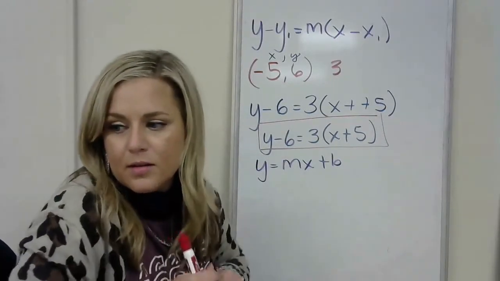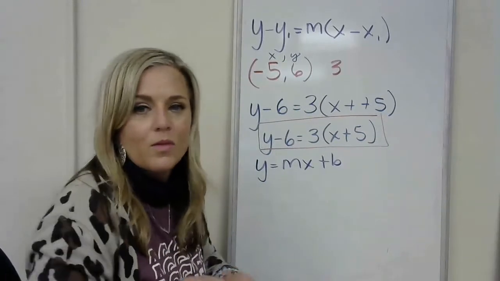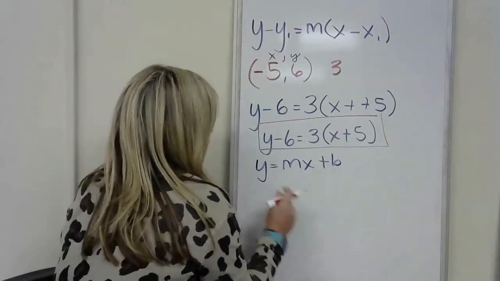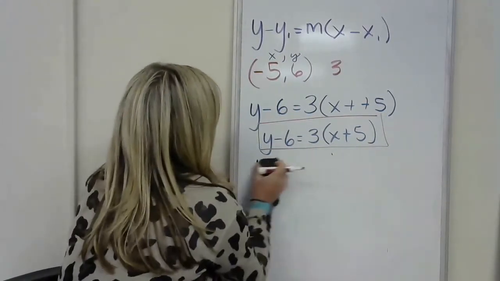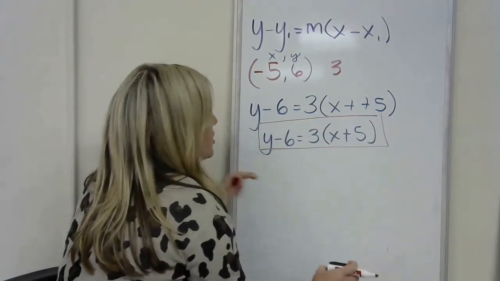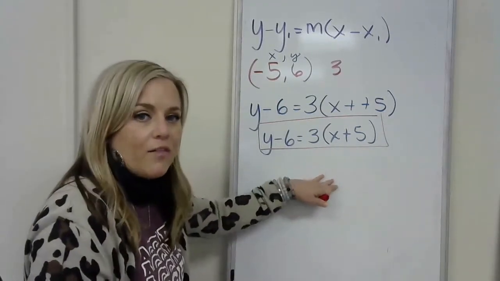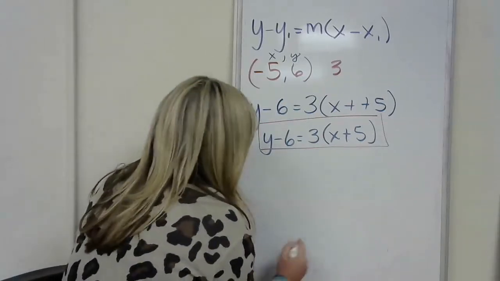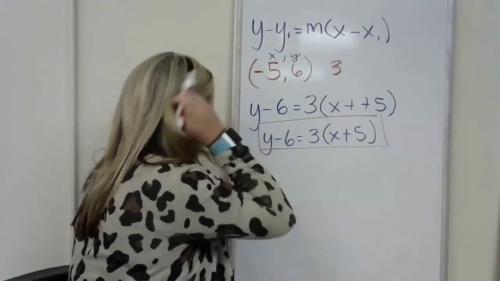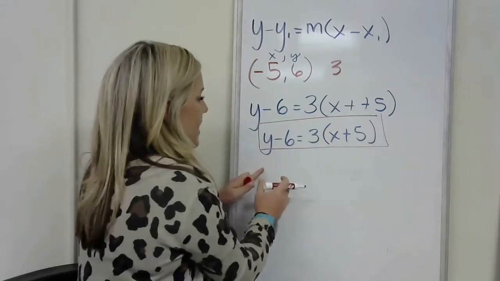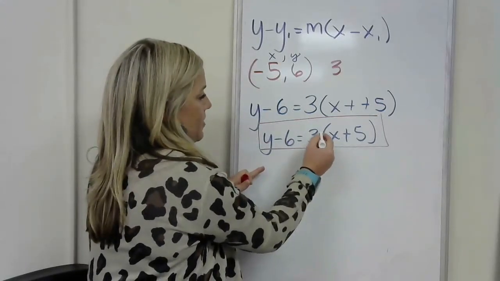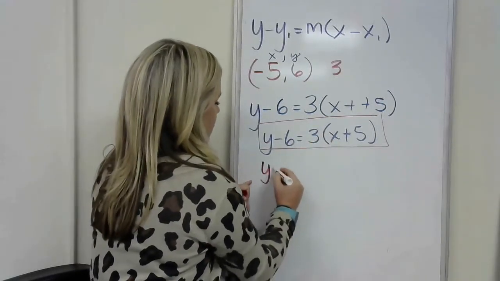Let's do red. Okay, so I'm just going to erase this. This is really what I want it to look like, but I'm going to go underneath this and solve it until I get it into my goal, y equals mx plus b. The first thing I have to do is distribute this 3. So let me rewrite this.